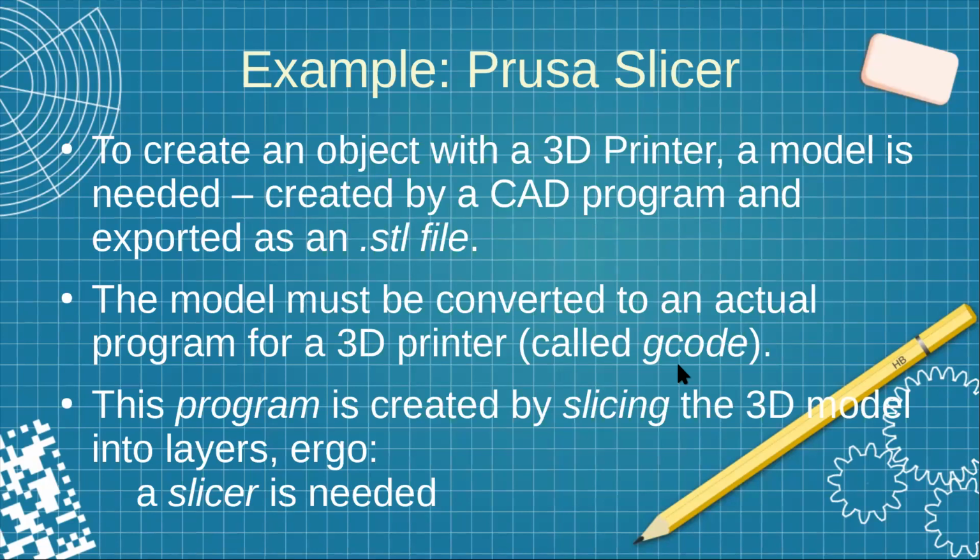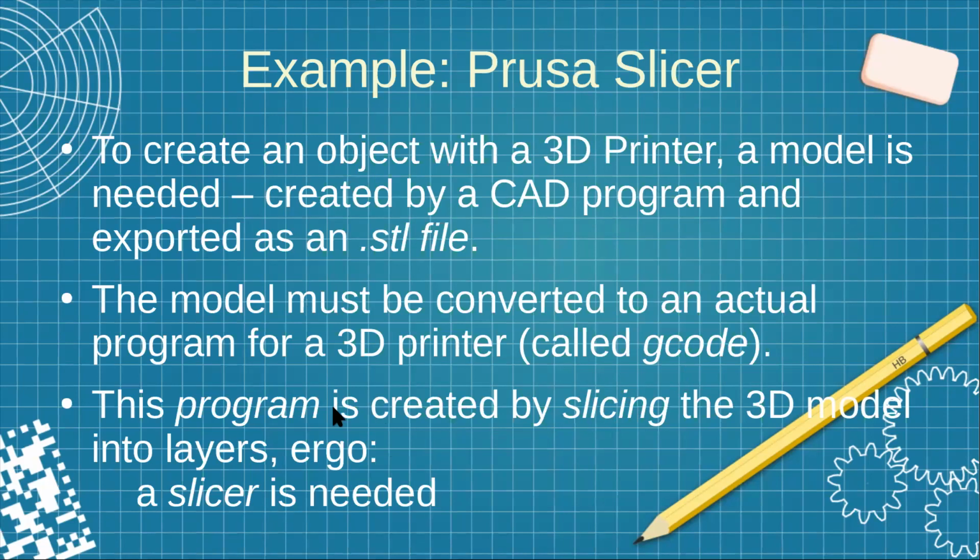G-code is just like assembly level language. It's a listing of anywhere from a couple hundred to a couple million steps to use the printer to actually create the object. To create that G-code, you have to slice the 3D model, STL, into layers.